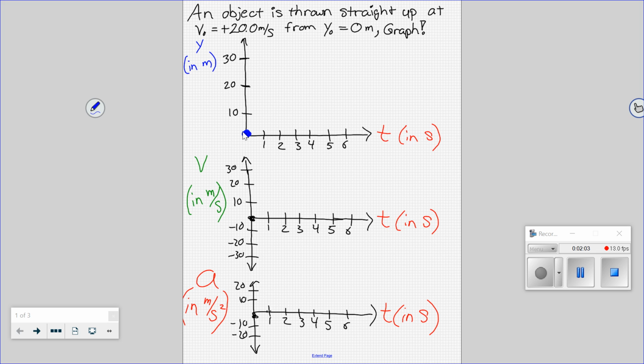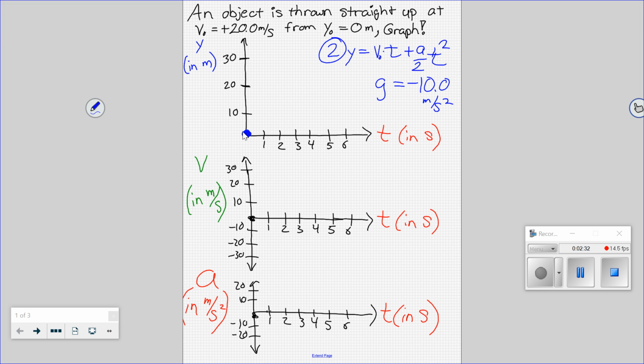If I'm not quite sure what I'm doing, let's write equation 2 with y's instead of x's. I know y0 is 0, so let's not waste time writing it down. v0t plus a over 2 t squared. And for g, please use minus 10 meters per second squared.